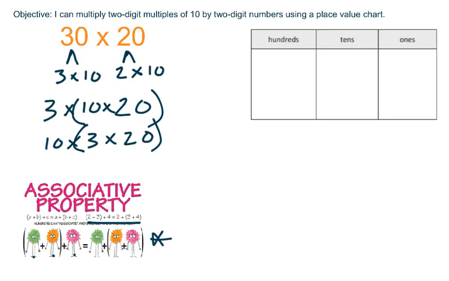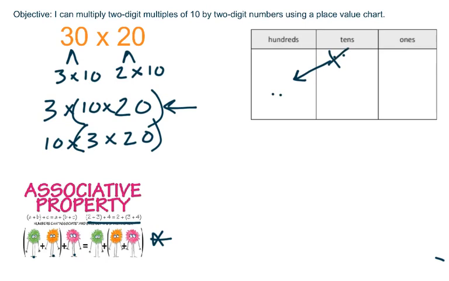Or if I had split up the 20 and kept the 30 as is, I would have been able to do the same. If I show this first one right here, I would have said, okay, I'm starting with 20, so 2 in the tens, and when I multiply by 10, I know that means I'm going to shift over one column, because I'm envisioning making those bundles and shifting them over.